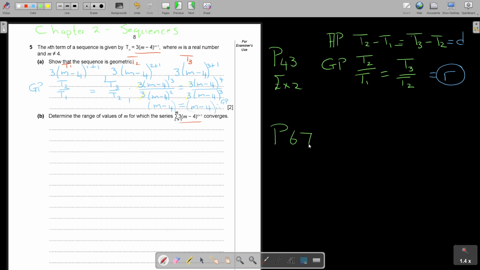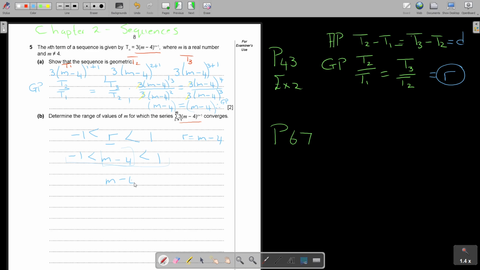But when will it converge? If it's a GP, and if R is bigger than -1 and smaller than 1. Then don't forget that the value of R is now that m minus 4. So in that value of R, I'm going to say m minus 4 is bigger than -1 and smaller than 1. And I'm going to just solve the inequality. It's a linear inequality. If I want to solve, I prefer that you just work on the two sides, then it's easier.